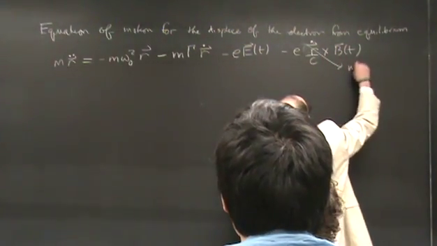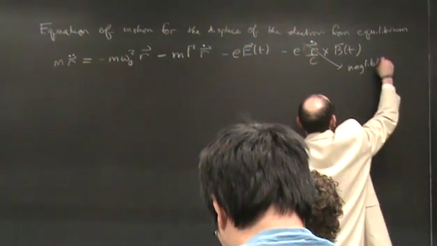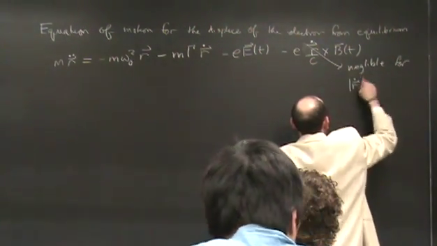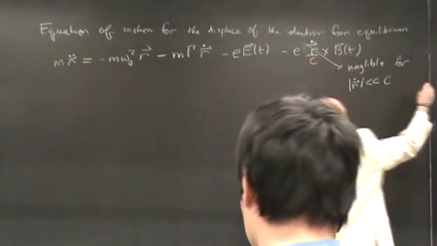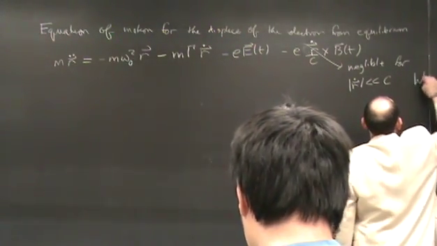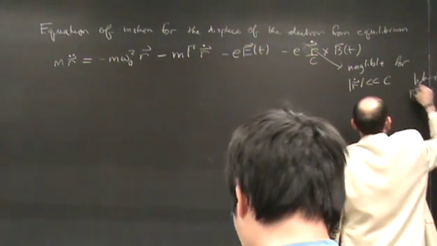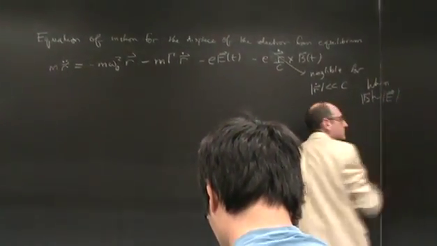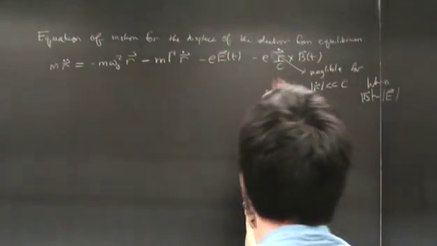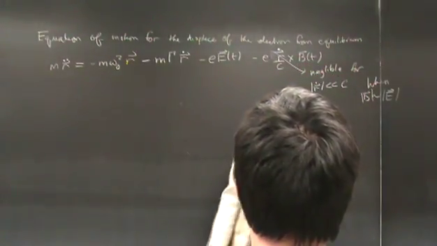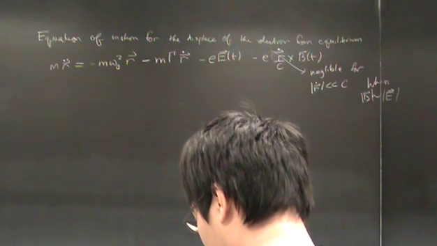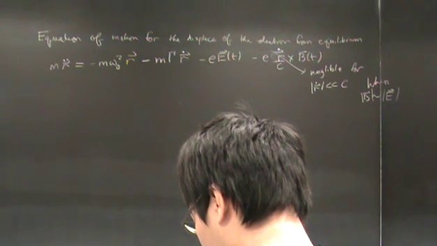So this is negligible for r dot much, much less than c when B is on the order of E. Of course, if we had no electric field, then this would be the dominant effect. But we do have an electric field.